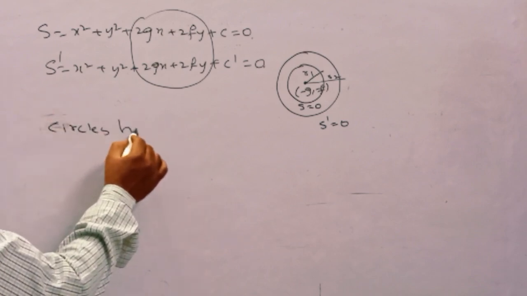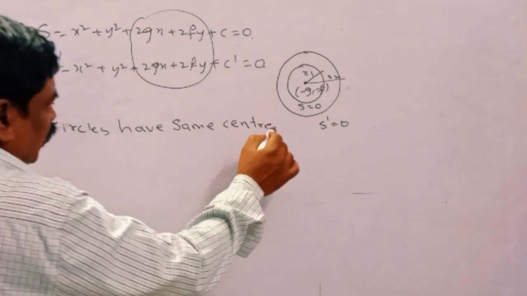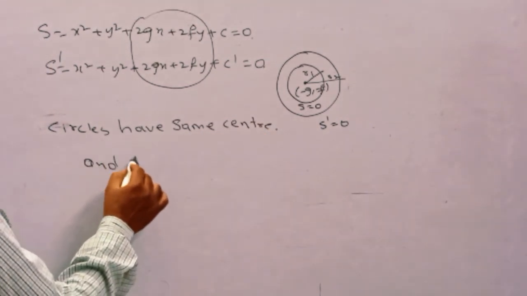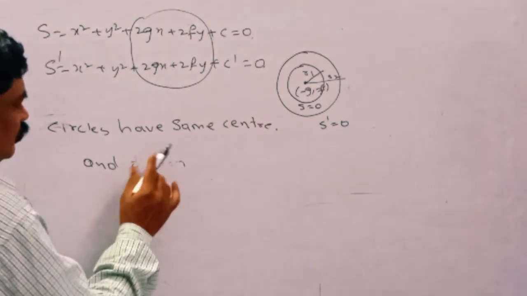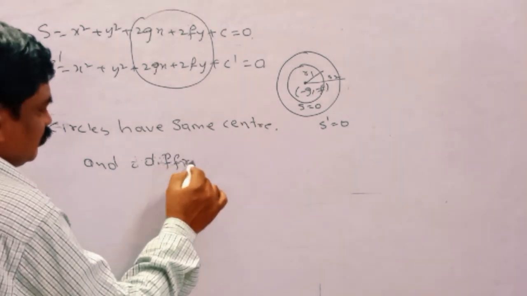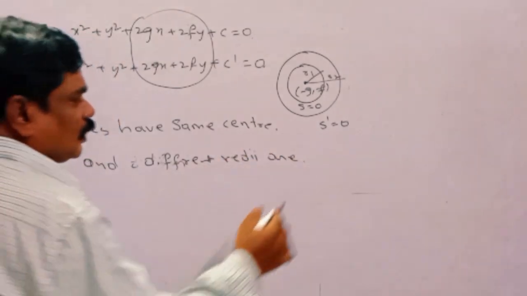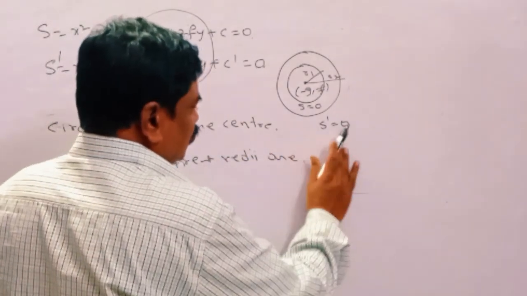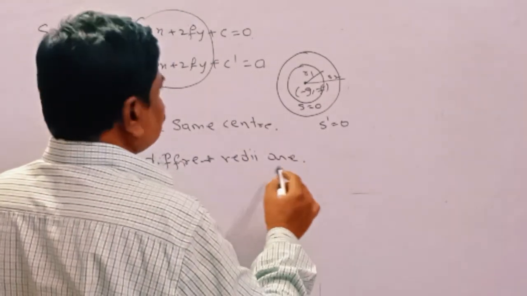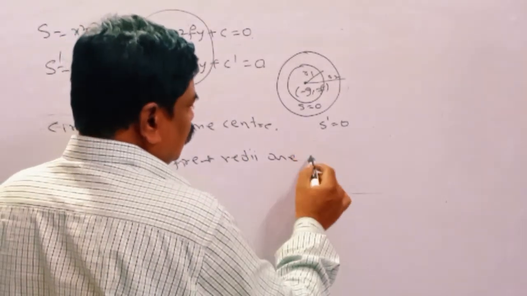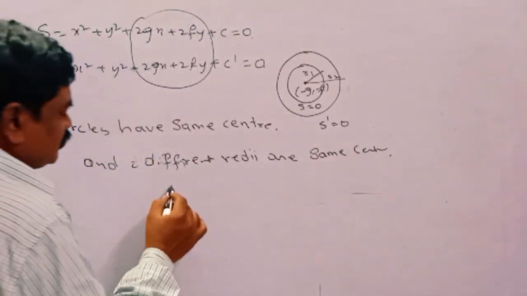Circles that have the same center and different radii are called concentric circles, or same center circles.